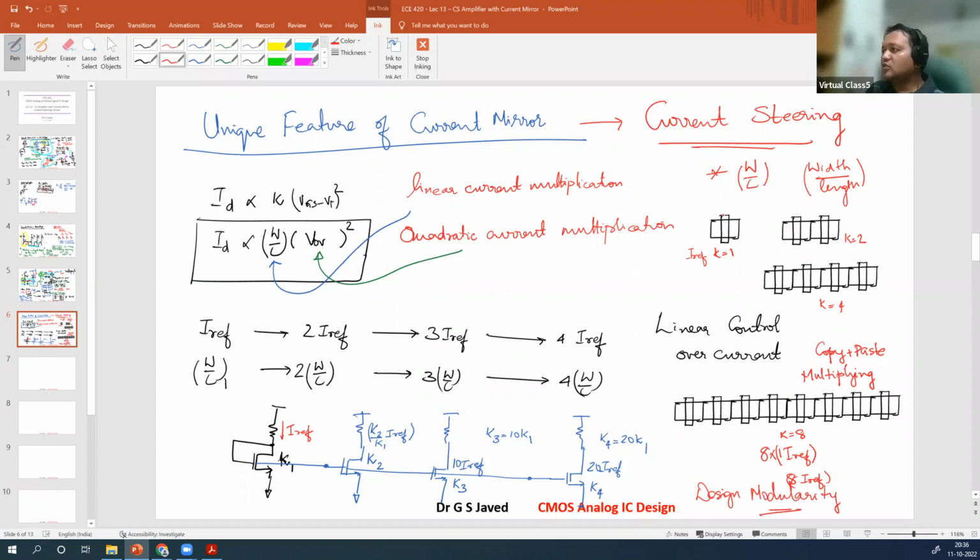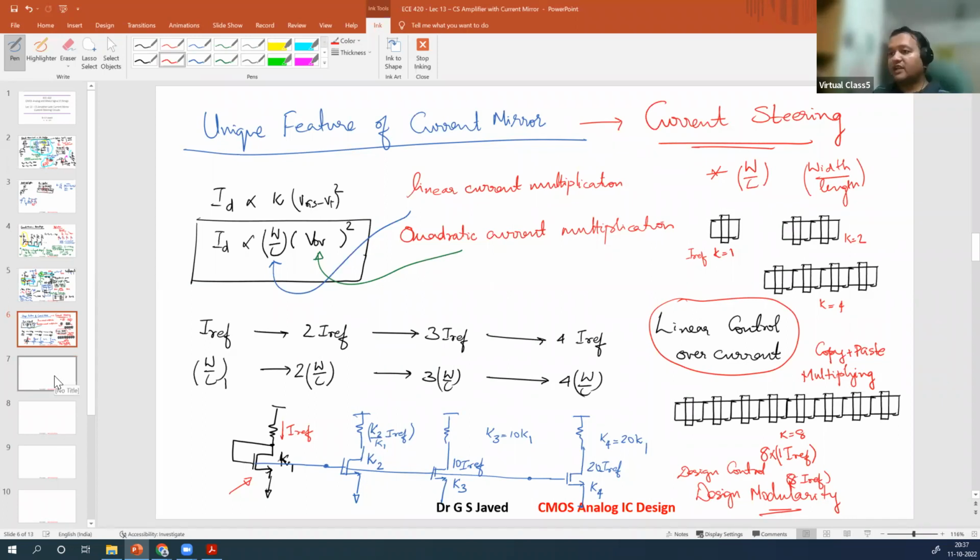If you change this device once, that is this transistor, all the mirroring transistors, since you have reused the same, will automatically get edited in your circuit. So that way you have better design control also. So you understood? This is a critical feature and mostly used feature, this current steering.